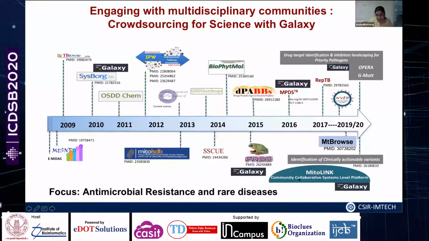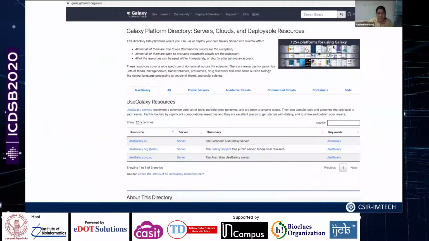This is Galaxy for MitoLink, and there are other things with Galaxy we have done as well. But I'll not take you through everything. It is to show you that time and again, we have been revisiting Galaxy because, as a community, I'm a member of the community, the Galaxy core community keeps on adding more modules and tools and making it even more exciting for us to see how we apply it in our projects.